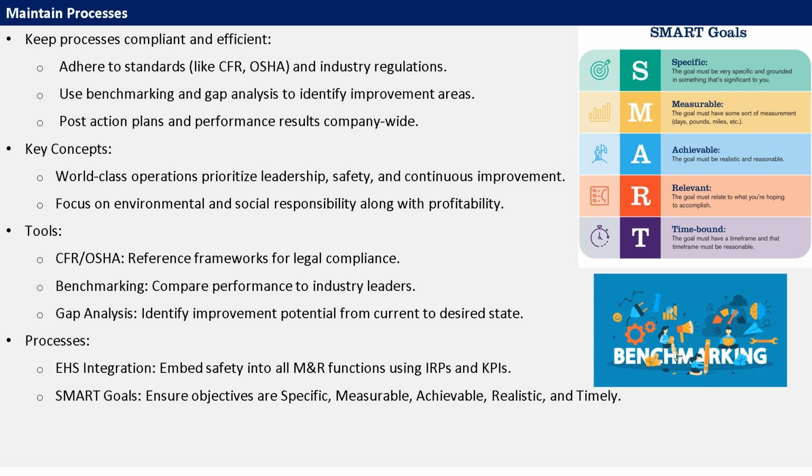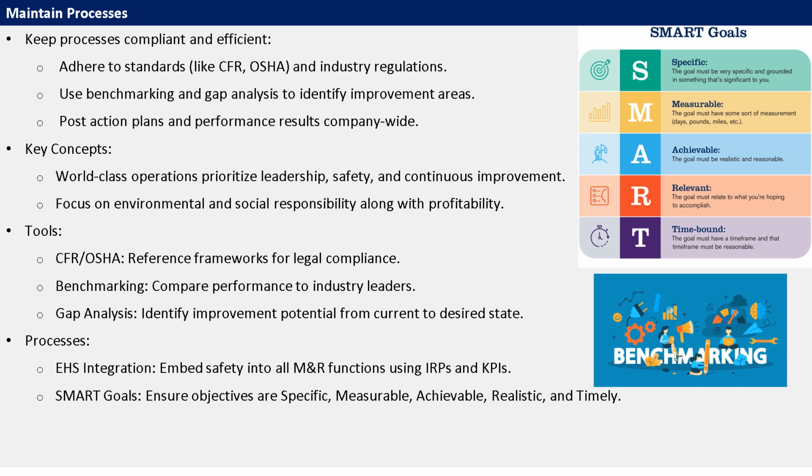Key activities include following regulatory and safety standards, using benchmarking to compare with industry leaders, conducting gap analysis to find where improvements are needed, sharing action plans and performance outcomes across the organization to drive transparency and accountability. Key concepts.